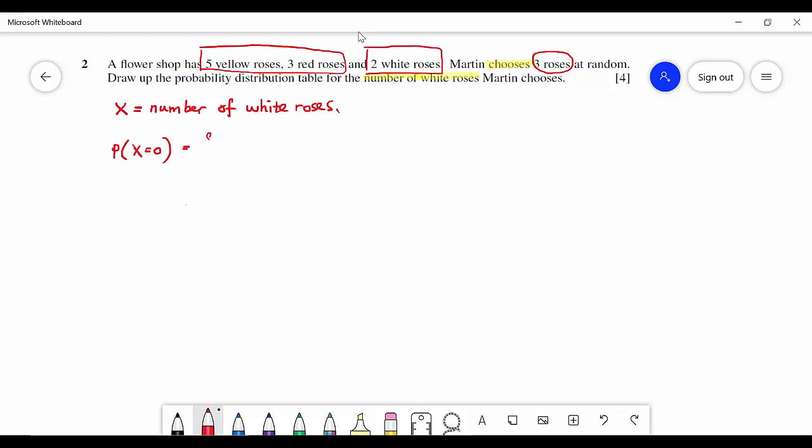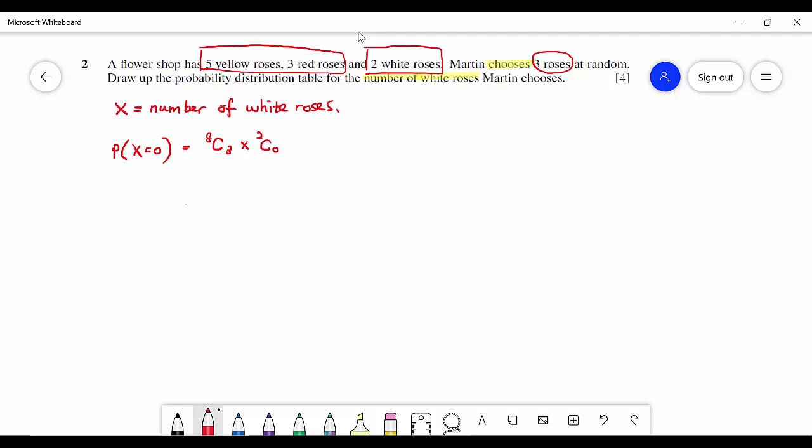So we are having 8. When you're having 0 white roses, that means you want to choose 3 roses from other color, multiplied with 0 white roses from the 2. So the 2 here denotes the 2 white roses. And the 8 here means 5 plus 3 equals 8.